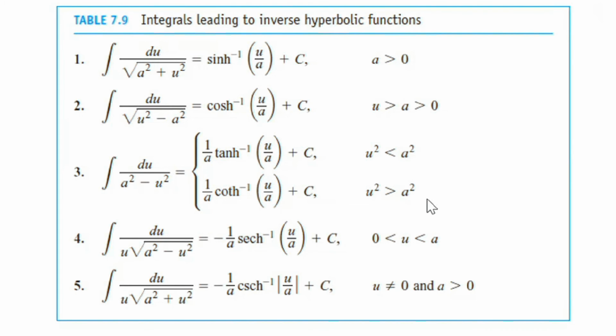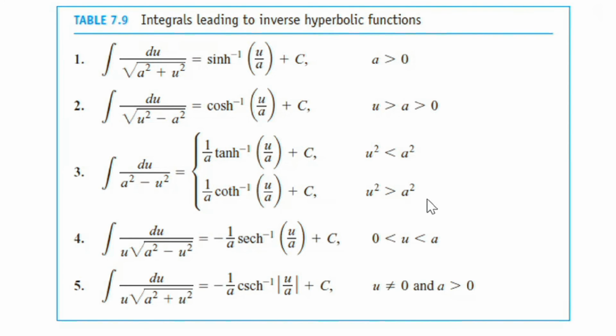For number 4, we have the integral of du over u times the square root of a squared minus u squared is equal to negative 1 over a of inverse hyperbolic secant of u over a plus a constant, provided that u is greater than 0 and u is less than a.